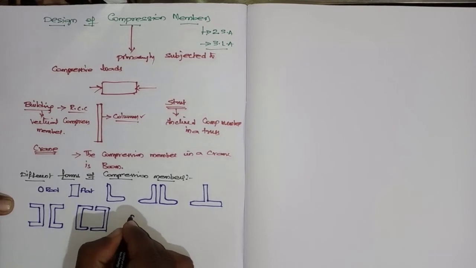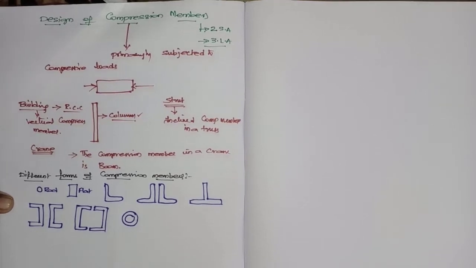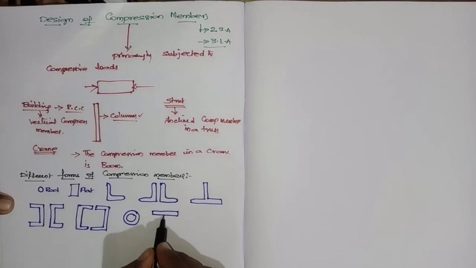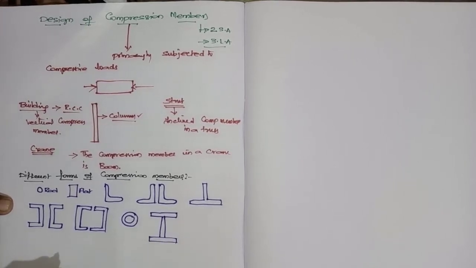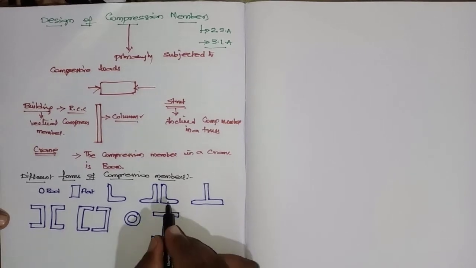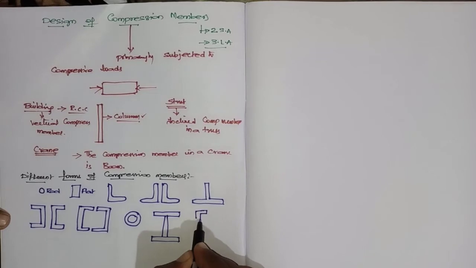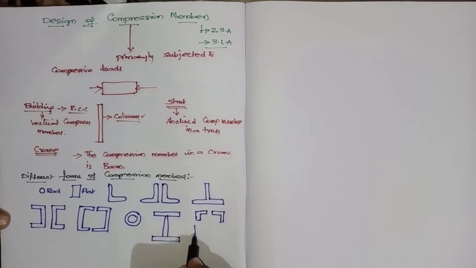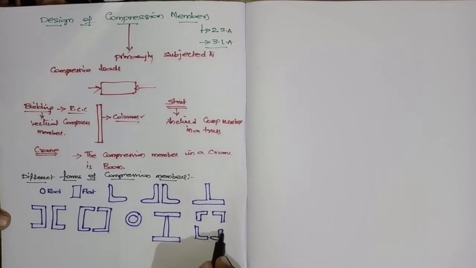Next, a tubular section can be used as a compression member. Next, an I section can be used as a compression member. Next, single angle, double angle, and multiple angles can be used as a compression member.